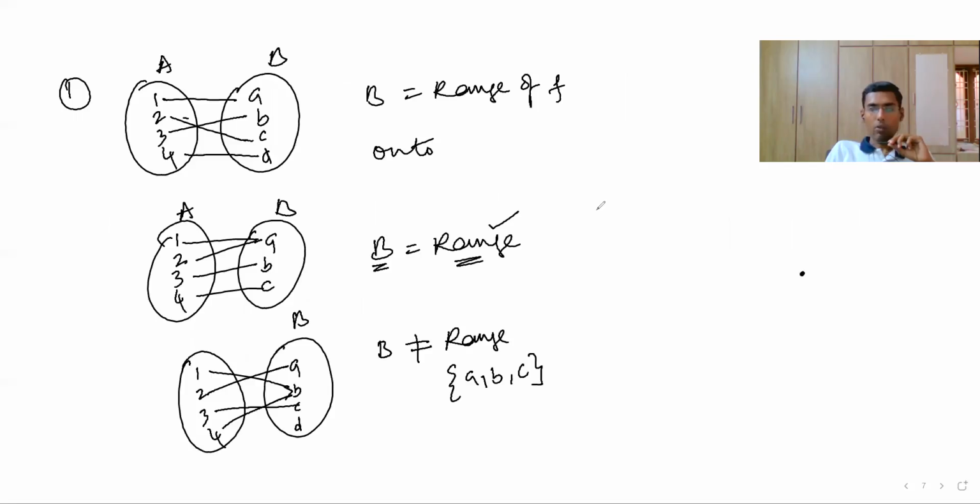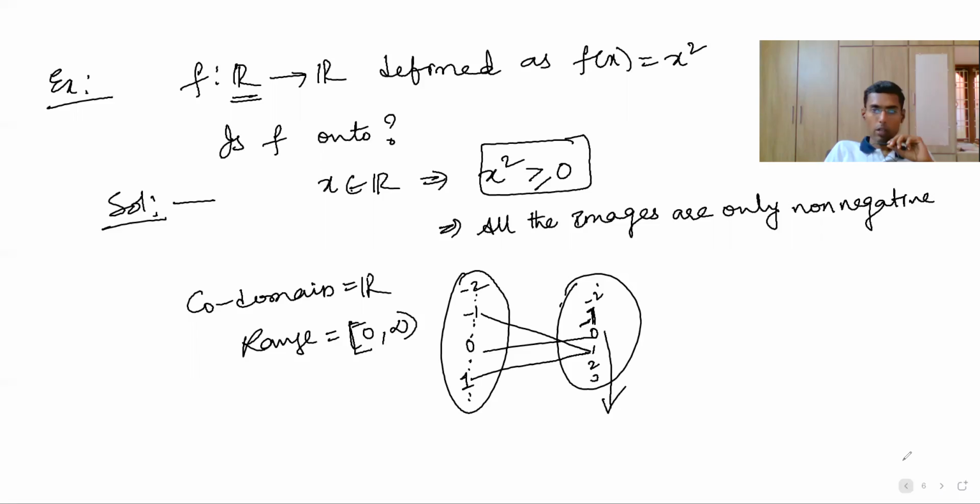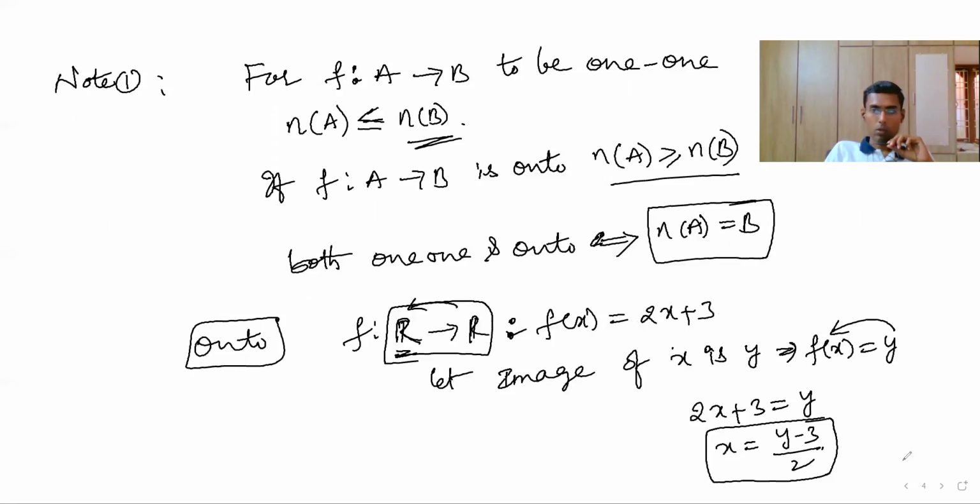So like that we can give an example. Now, this is anyway onto, so how do you check this one? x is a real number, 2x is a real number, and 2x plus 3 is a real number. So codomain is R, range is also R, the set of all real numbers.